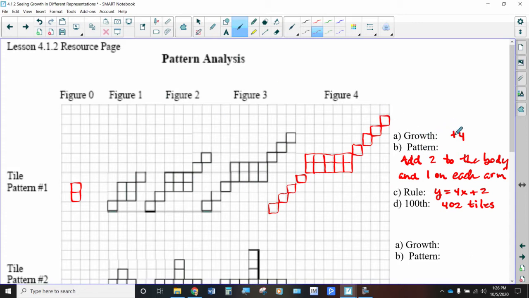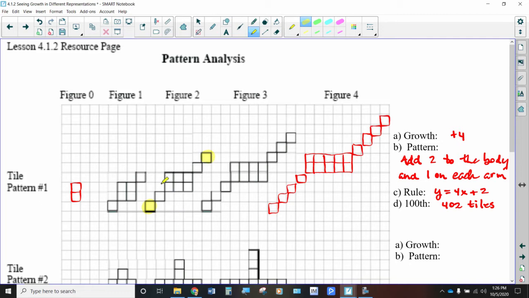So the growth is positive 4, right? And so the pattern, if we're looking for patterns, I would say, all right, let's color code this. Do I want to do it with a highlighter? Yes, sure, I'll do it with a highlighter. First off, I'm noticing going from here to here, you're adding a tile onto each one of those. Are they called arms? Is this an arm and that's a leg? I don't know what you call them.